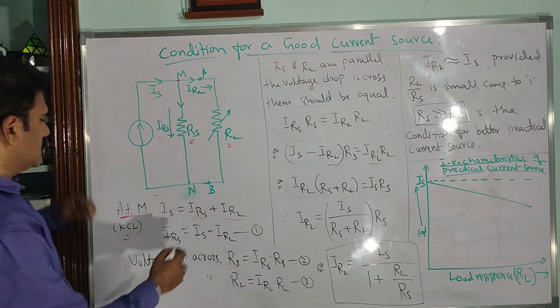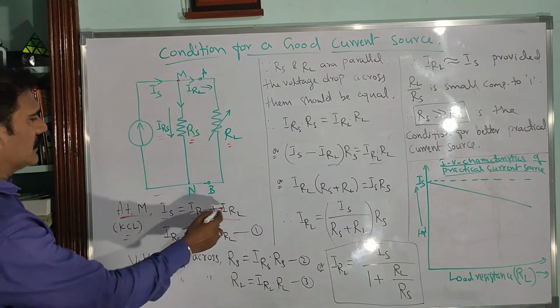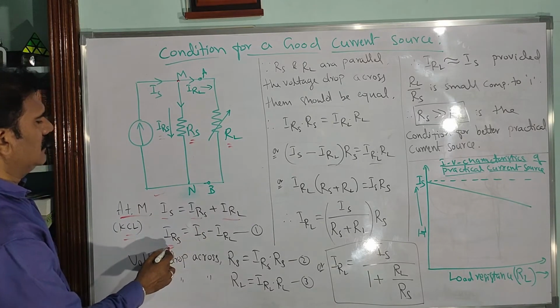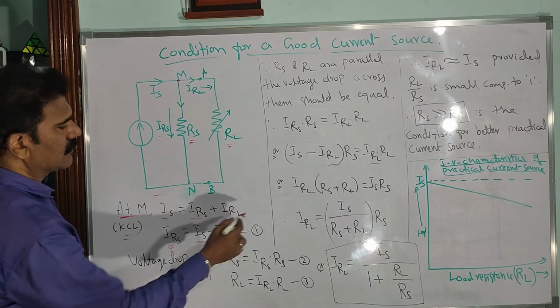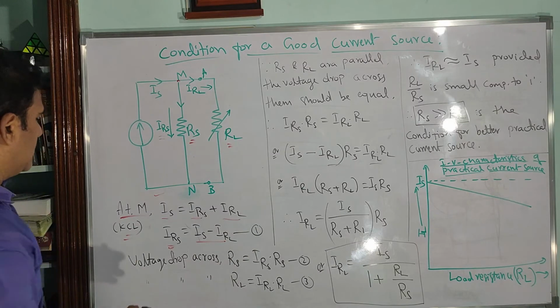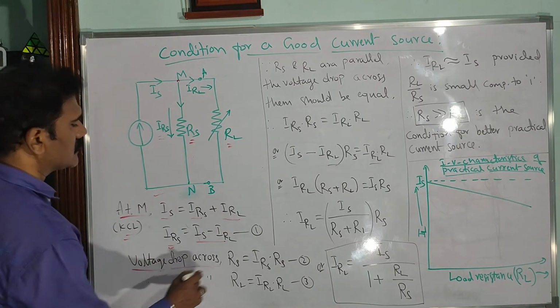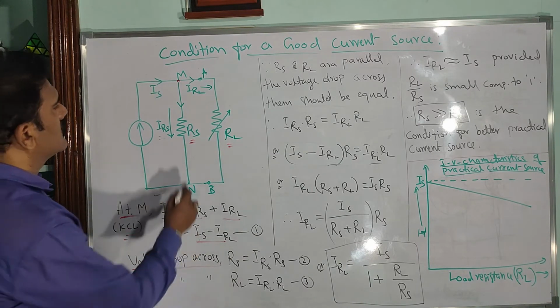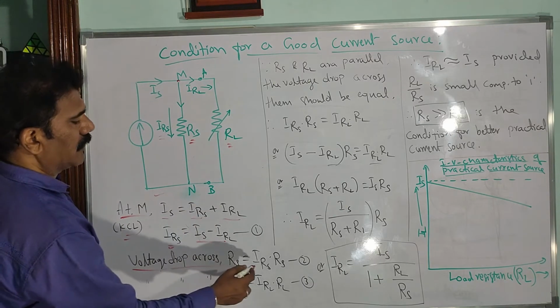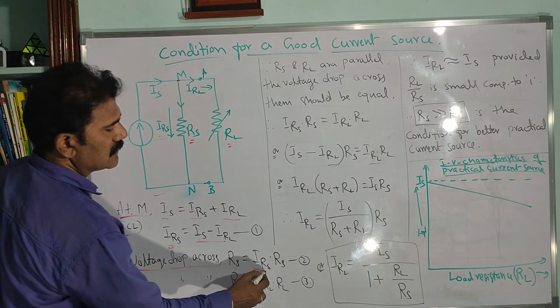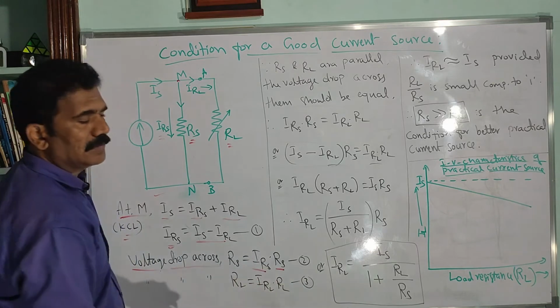Clear? Then just rearrange the equation for IRS: IRS is equal to IS minus IRL. This is equation 1. And then what is the voltage drop across each resistor? Across the resistor RS, it is equal to the product of the current through that resistor and the corresponding resistance.